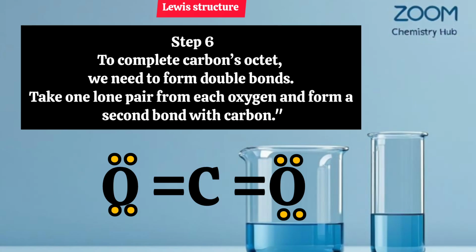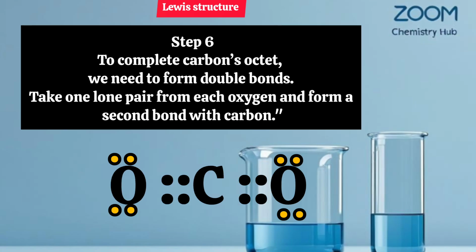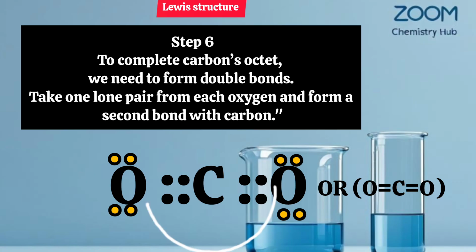So carbon completes its octet by making another bond with each oxygen atom, forming a double bond with both oxygen atoms on either side of the carbon. So here carbon now completes its octet. Now all the atoms have completed their octet and they are happy.